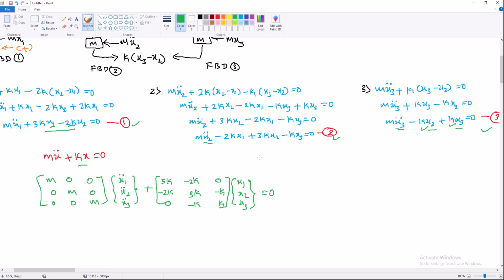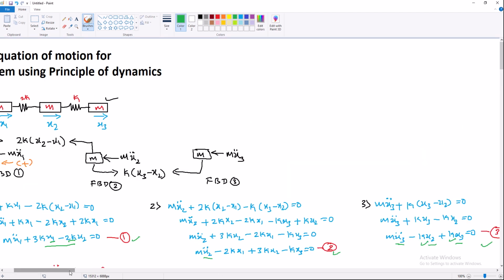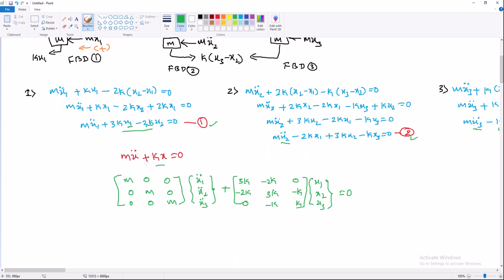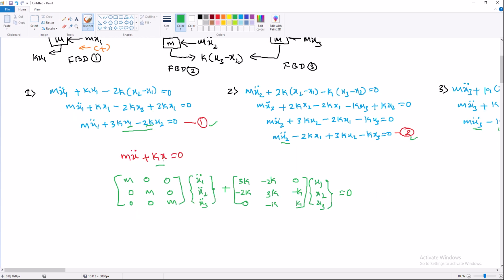So this is the equation of motion for the given system using the principle of dynamics, that is D'Alembert's principle. So this is all about the first numerical.